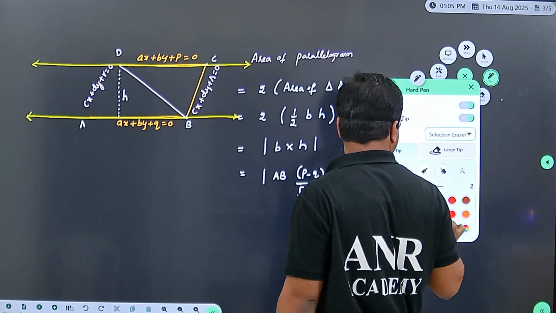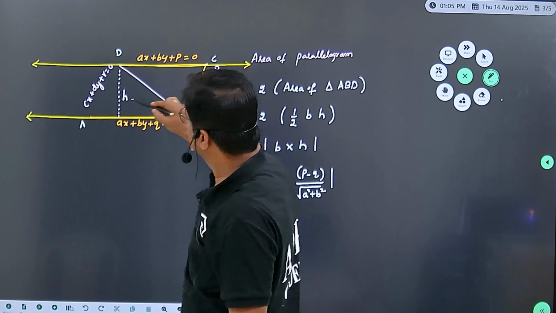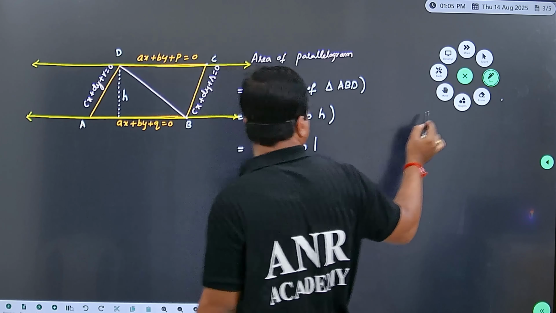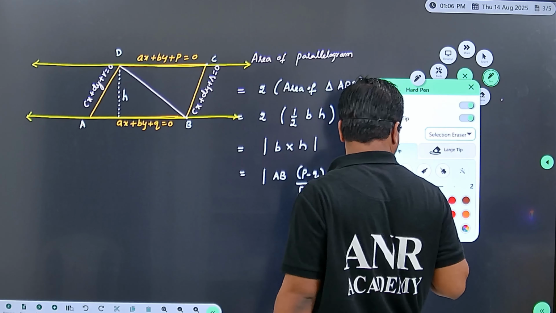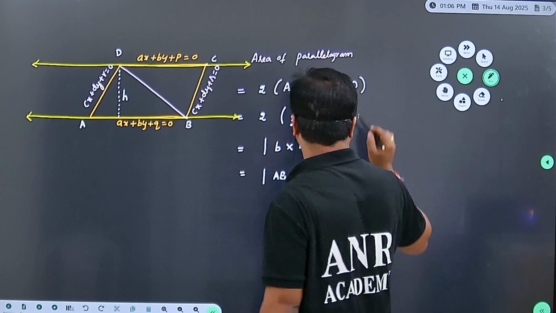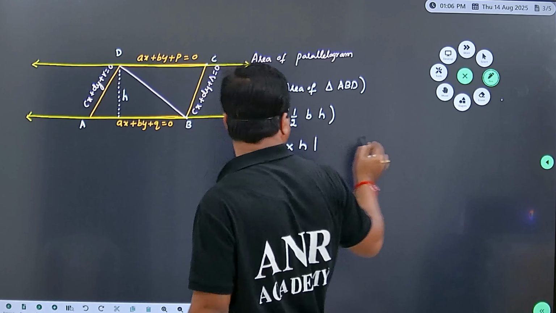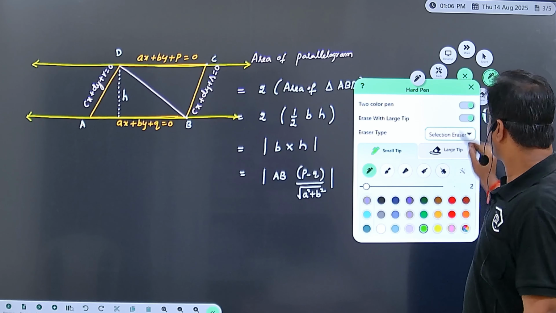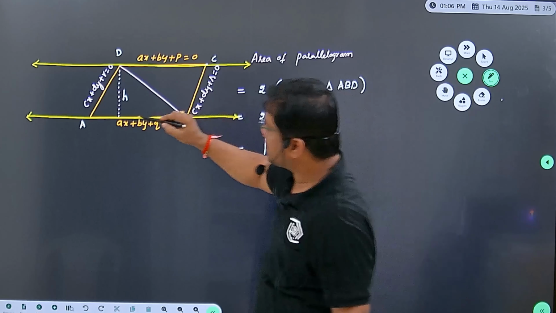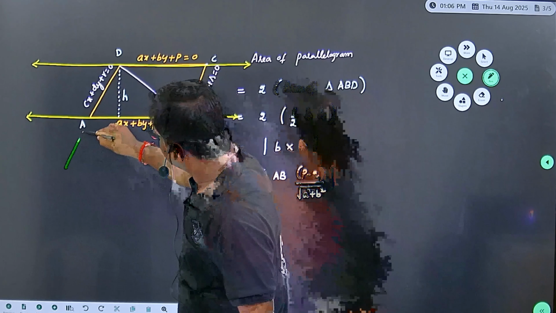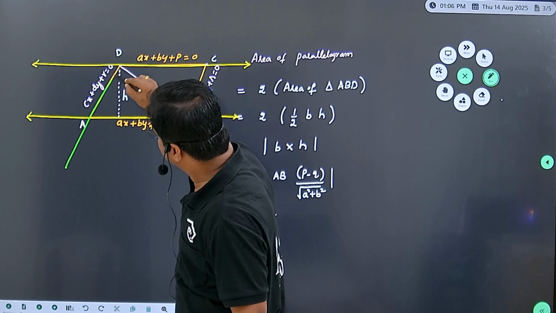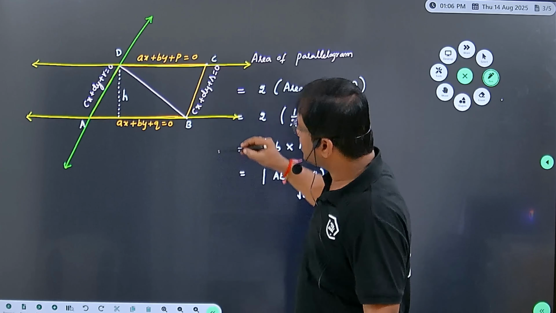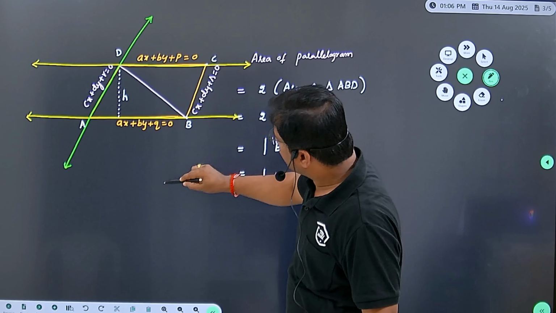I am going to extend the line. This line is AD and this is BC. These two are parallel.